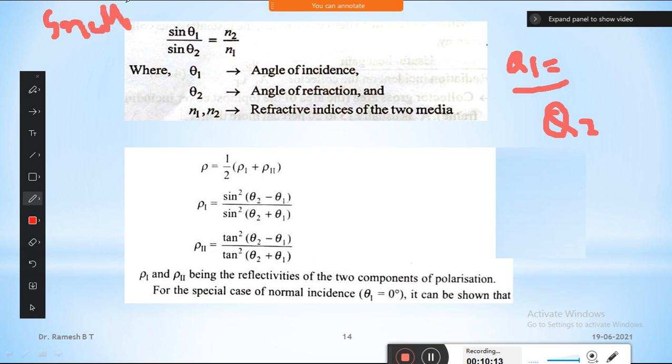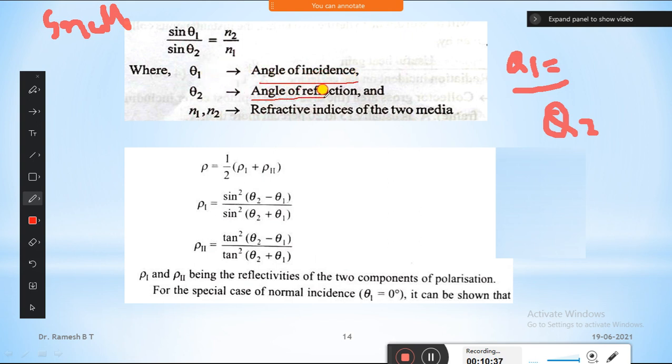According to Snell's law, sine theta 1 divided by sine theta 2 is equal to small n2 divided by small n1, where theta 1 is the angle of incidence. We already know that.